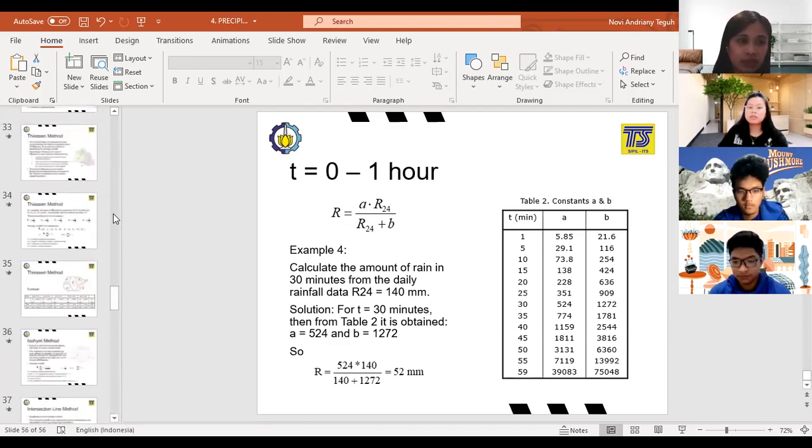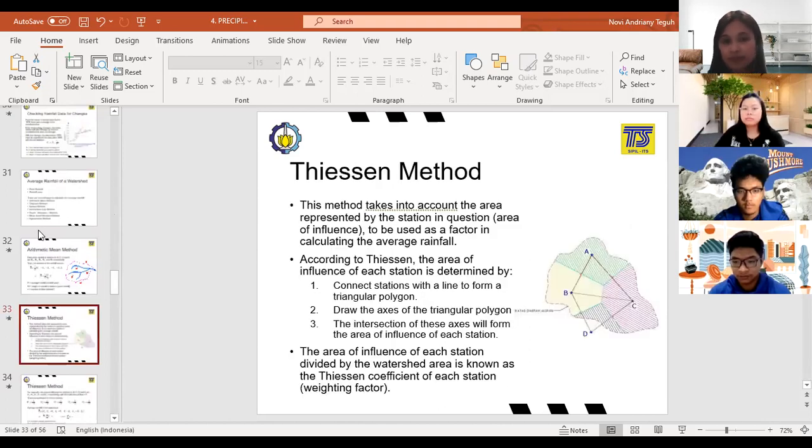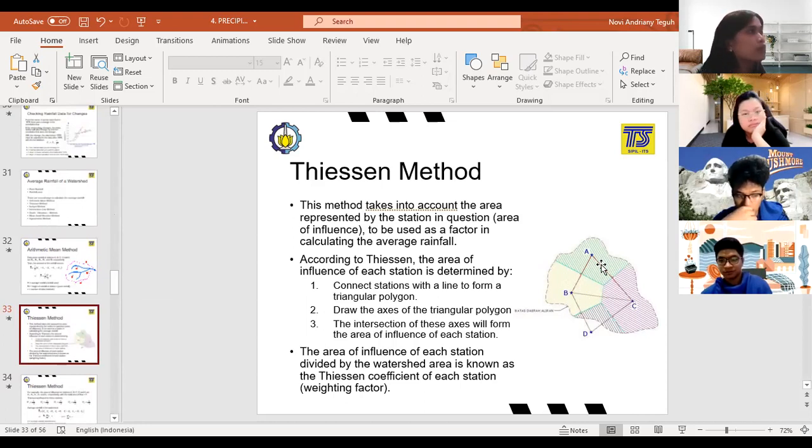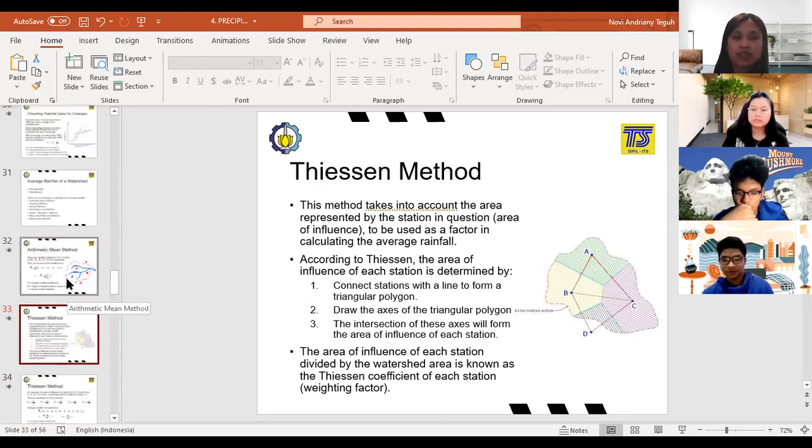It is related to this Thyssen method. So for this Thyssen method, usually the lecturer gives you this kind of watershed map with some stations. Usually it's 4 or 5 stations. And from that, you have to calculate the average rainfall in this area. So I think that's the most important thing from this module.